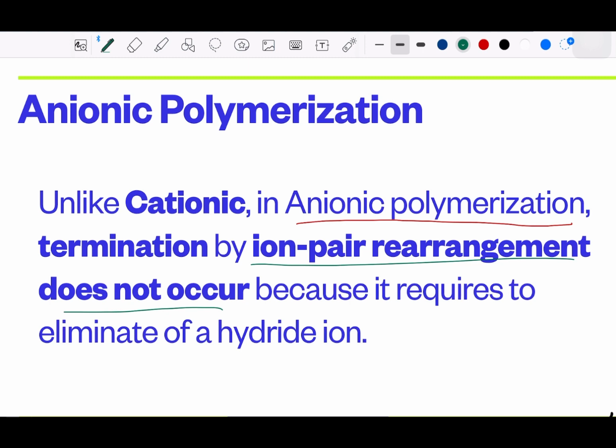The idea is, if you want to terminate, the negative charge needs to become a double bond, which is not possible, because it requires eliminating a hydride ion. So this is not possible.